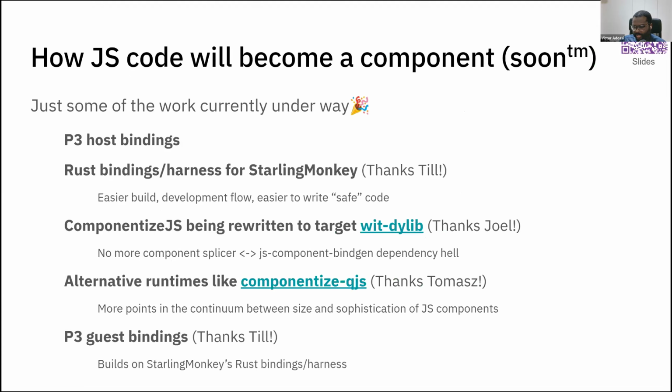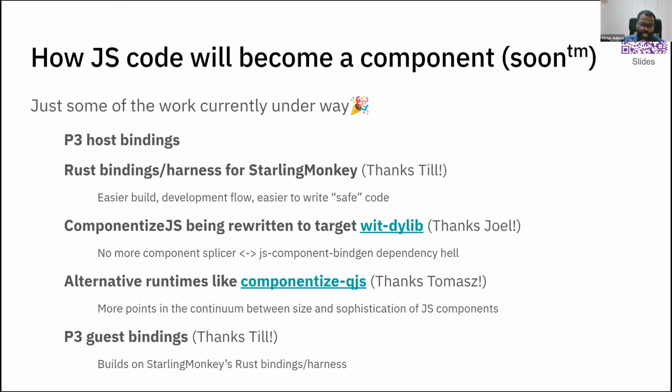So one of the things that's changing now is we're adding P3 support onto various parts of the ecosystem. Obviously, one of the things I'm working on is P3 host binding. So this is basically integration of P3 and new async functionality and interfaces into the host, right?